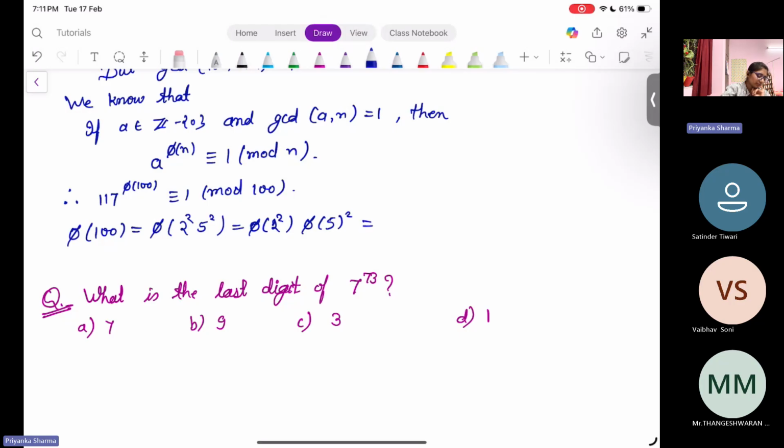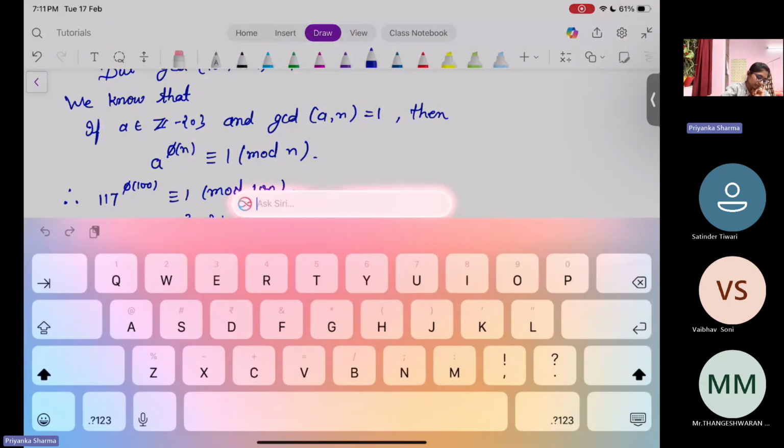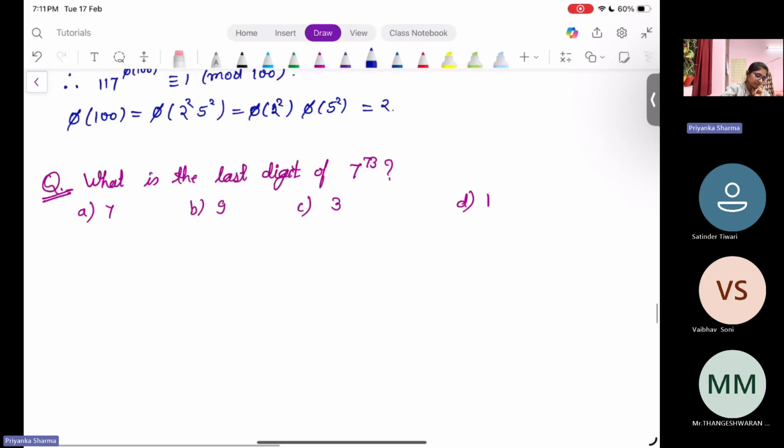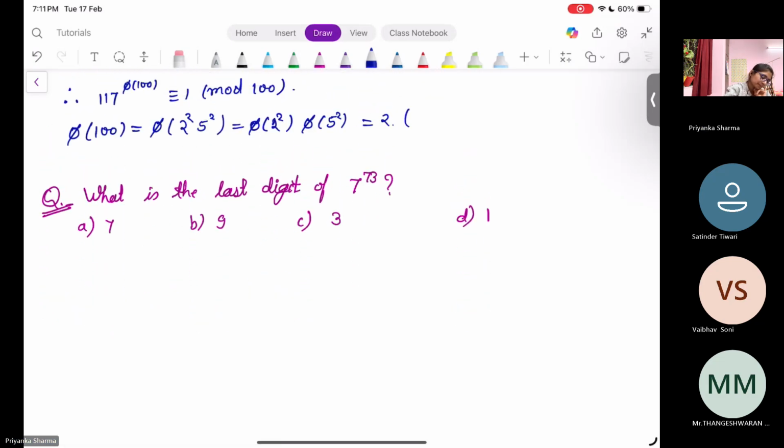Phi of 2 square will be 2, and what is phi of 5 square? What is phi of p to the power k? That is p to the power k minus p to the power k minus 1. Right? So this will be 5 square minus 5, that is 20. So yeah, that is 40.